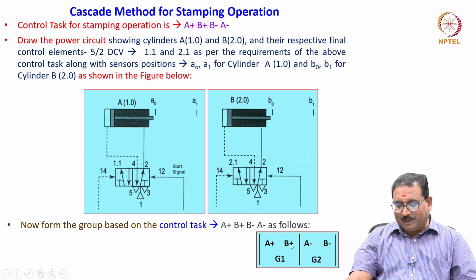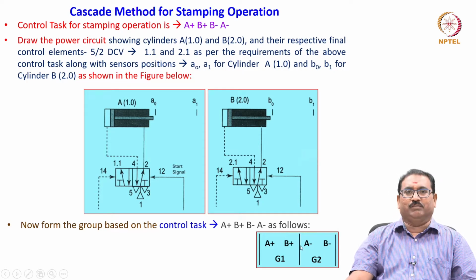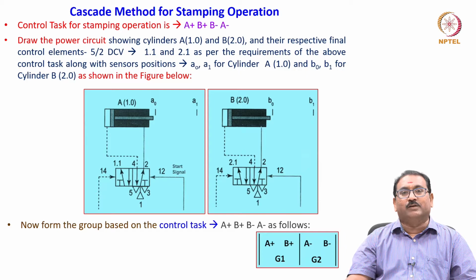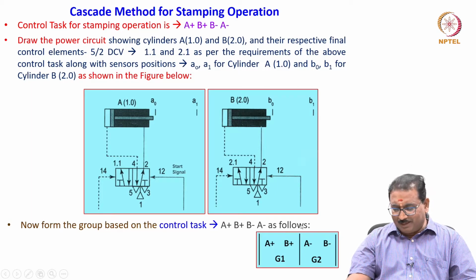A plus, B plus should be in one group. A minus, B minus should be in the other group. You can divide this in any fashion, but conflicting nature you have to avoid. Meaning you should not group the same cylinder extending and retracting in one group. Remember that. That is a very important case. This is a very simple case. I will divide like this, G1 and G2.